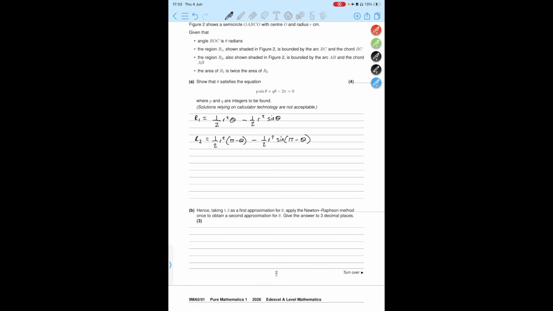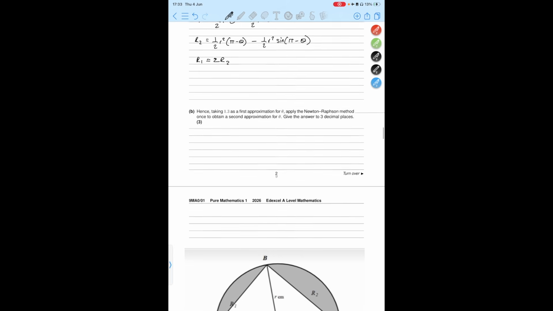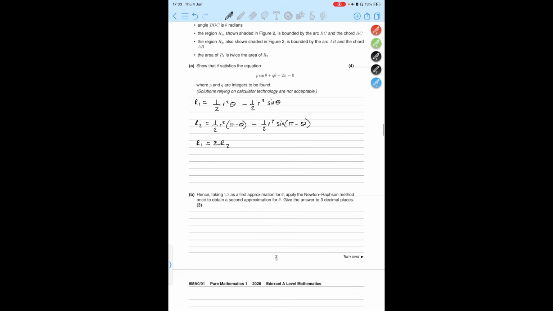Okay, so now what we're going to do is sub this into the equation R1 equals 2R2. Might be a bit tight for space, but hopefully I'll make do. So half r squared theta minus half r squared sine theta equals half r squared pi minus theta minus half r squared sine pi minus theta.